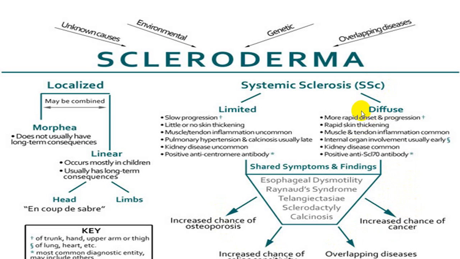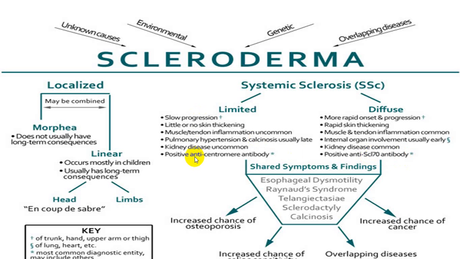In a diffuse variety, it is more rapid onset and progressive. There is rapid skin thickening, muscle and tendon involvement, and internal organ involvement; the kidney is very commonly involved, and there is a positive antibody called anti-Scl-70, anti-scleroderma 70 antibody.